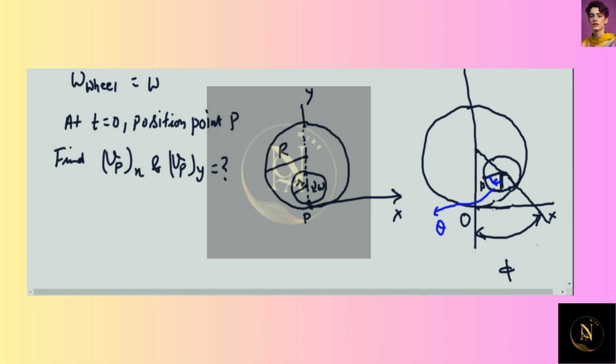After t seconds, point P moves from here to here with angular displacement theta. The angular velocity of the wheel is defined as d theta upon dt, or theta dot. Here theta is equal to omega into t.